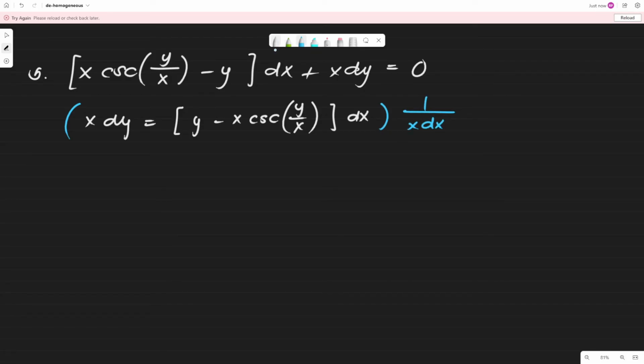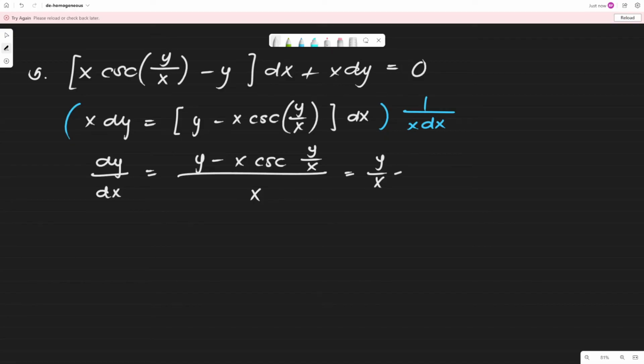So we will have dy over dx. Oh, sorry. Dy over dx is equal to y minus x cosecant of y over x, all over x. Then, separating them, we will have y over x minus x cosecant of y over x all over x.